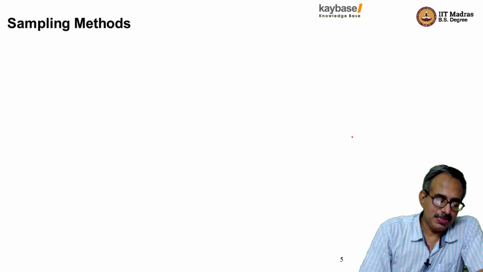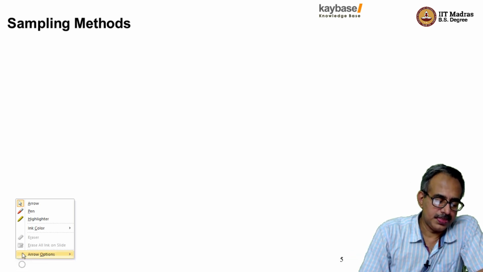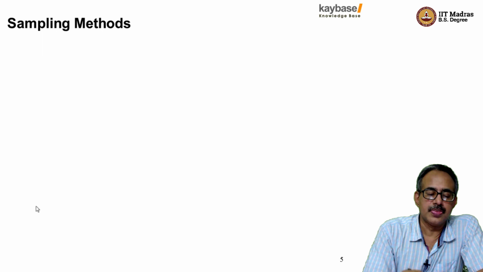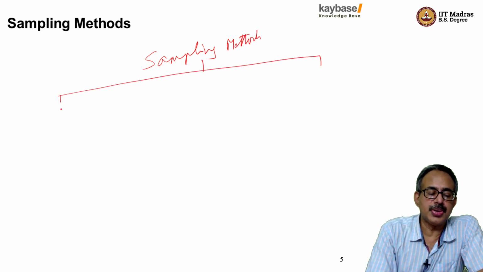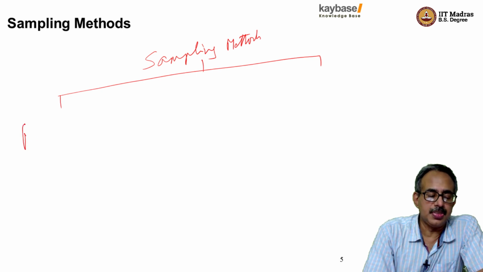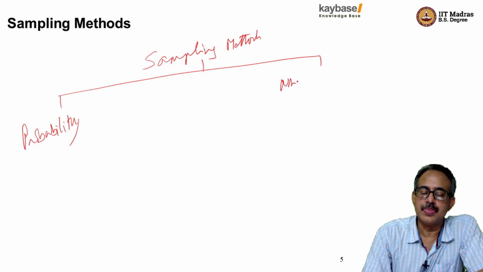So when we talk about sampling methods, there is sampling, and within this there are basically two broad kinds of sampling methods. There is something called probability, there is something called non-probability.